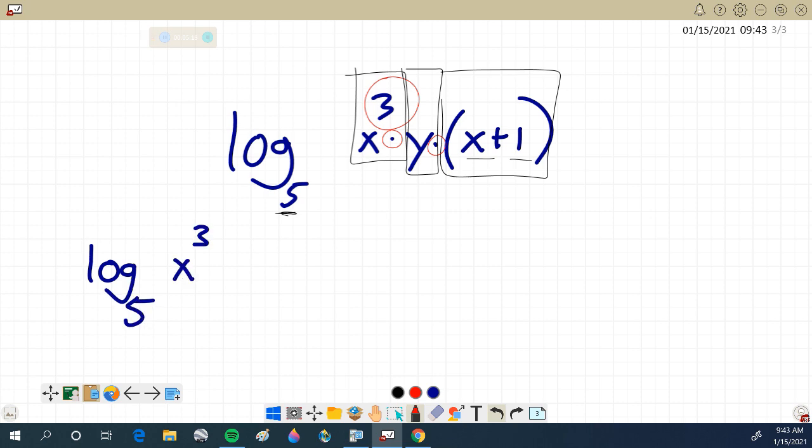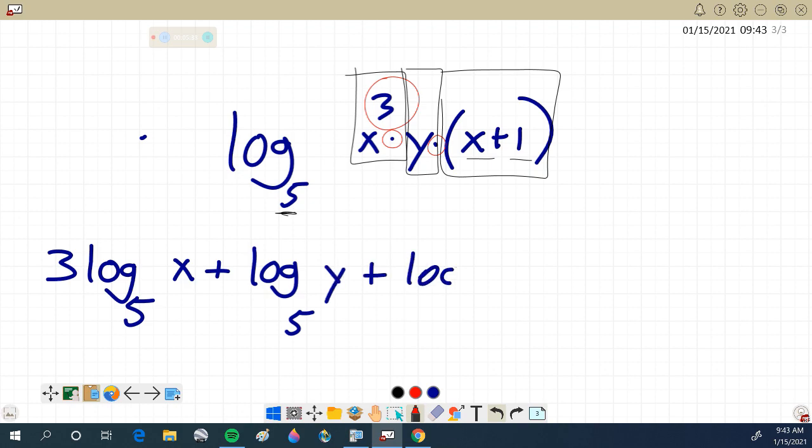But the power rule says what? Take the 3 and put it out front. So I'm going to get rid of that and put it here. Plus log base 5 of y plus log base 5 of x plus 1.